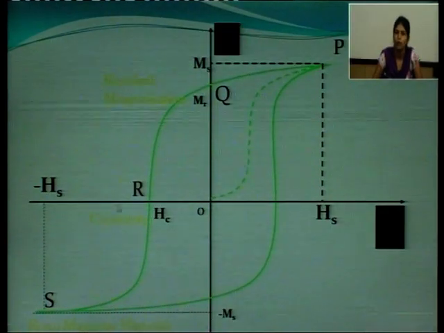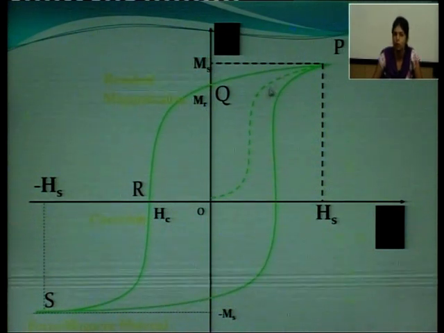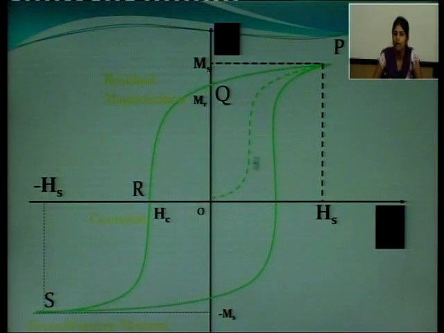At this point P, called the saturation point, the curve becomes almost constant. Now, this is the knee point.